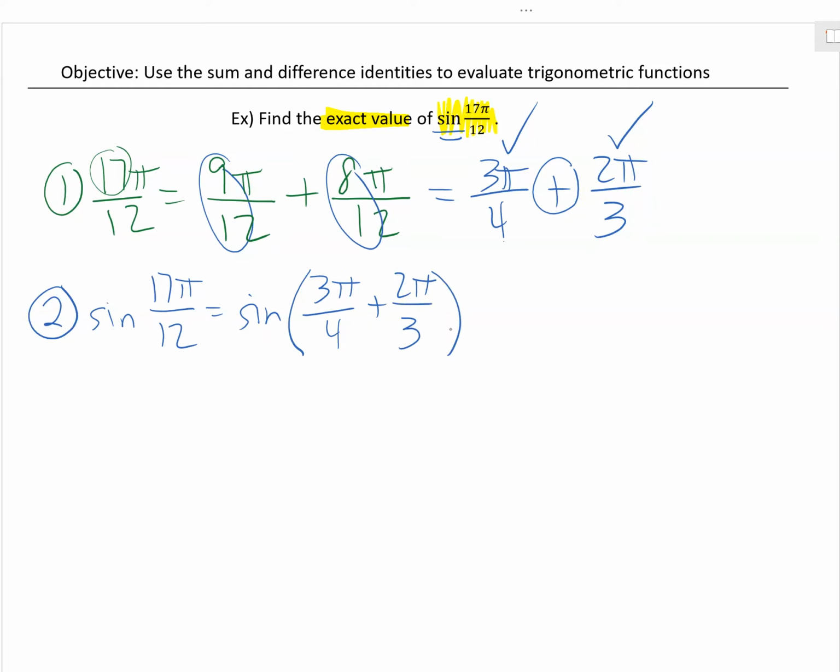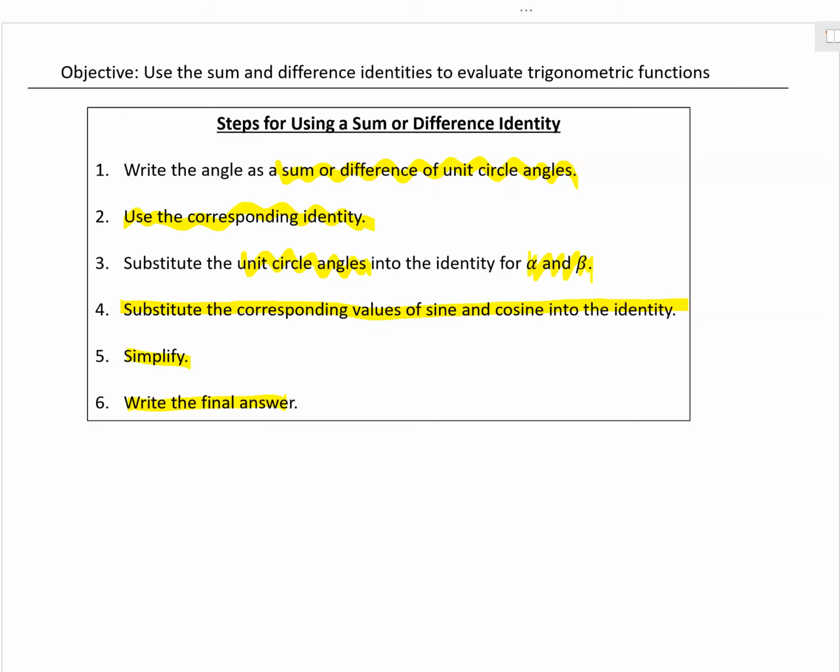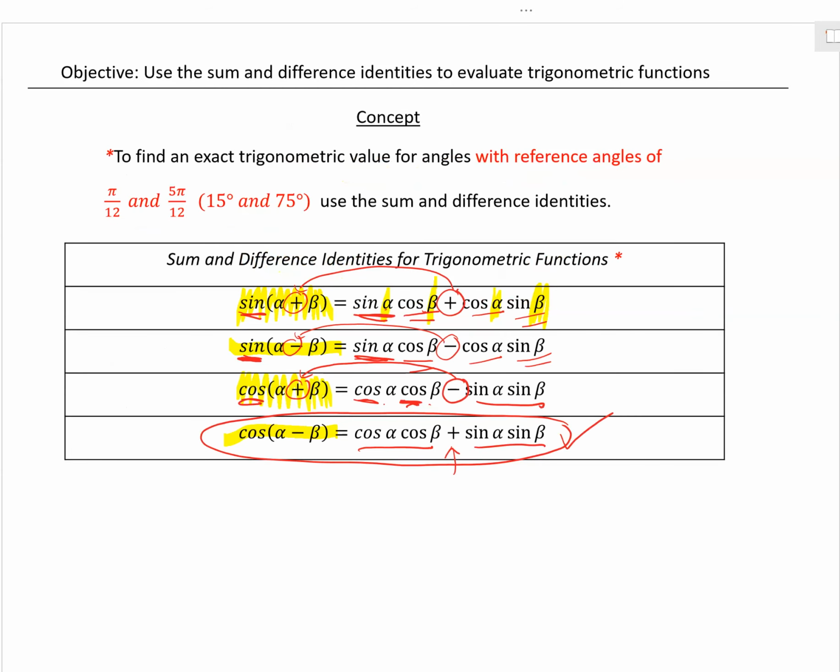So that means that my identity I need to use is sine of a sum, because I'm adding these 2. So I can go back to my reference here. So sine of a sum is this first one here. So I'm looking at sine of the first angle, cosine of the second angle, plus, just like it is here, and then it switches and does cosine of the first angle, sine of the second angle.